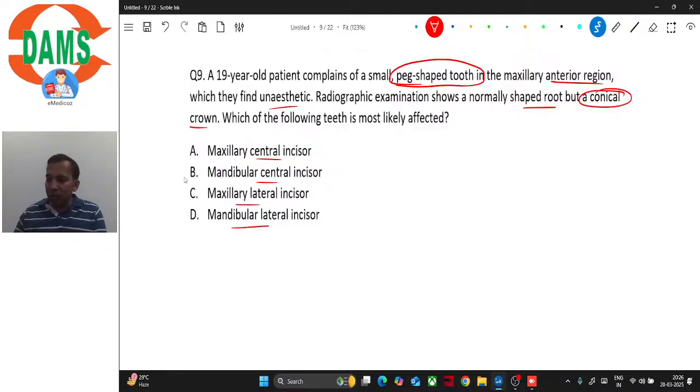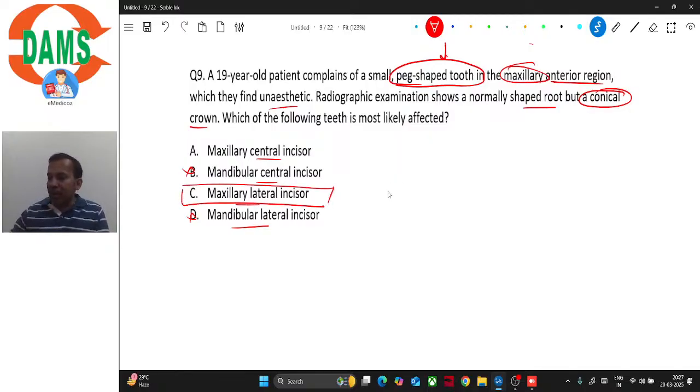So obviously we can rule out the mandibular ones because the question itself says the tooth is maxillary, isn't it? So amongst A and C, which is the correct answer? Now obviously we often call this peg-shaped tooth a peg-shaped lateral or peg lateral because the laterals are most commonly affected by this condition, isn't it?